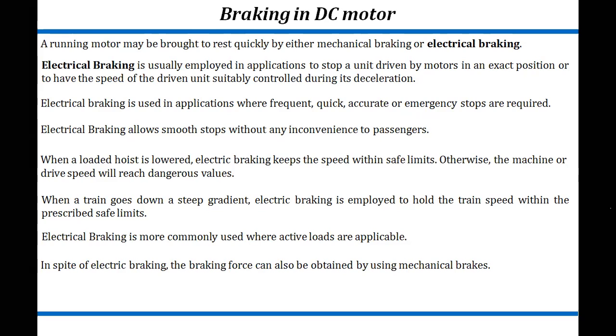Polarity we are changing: we take positive as negative and negative as positive. If we change the direction of power supply, the electrical current will get reversed, meaning the direction of the current changes, and as the direction of current gets reversed, the rotation of the DC motor will get reversed.